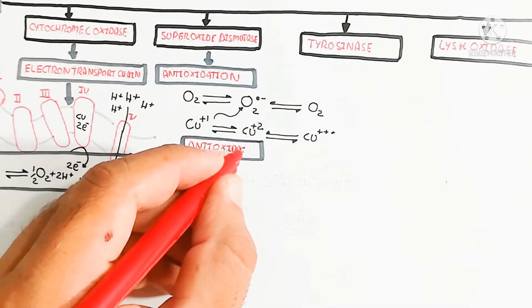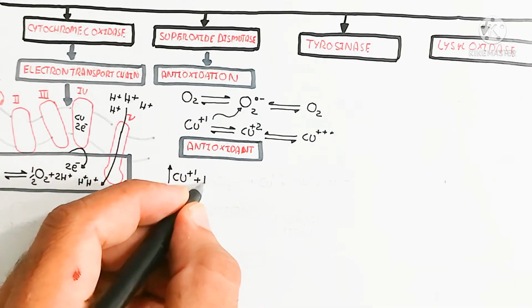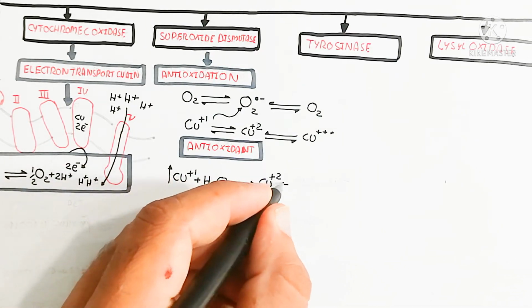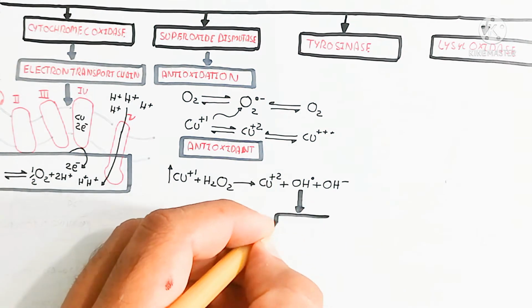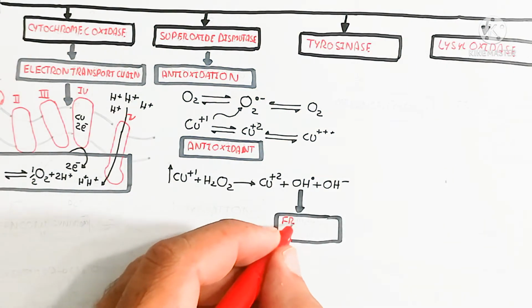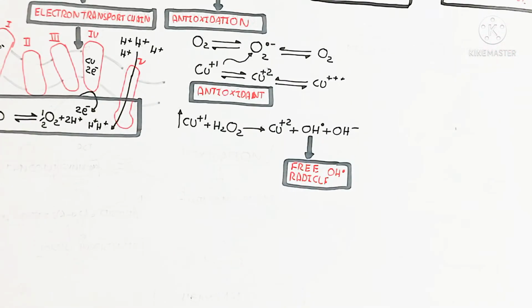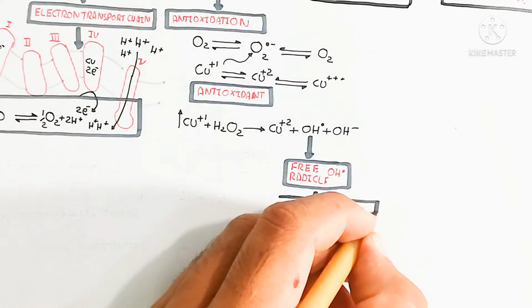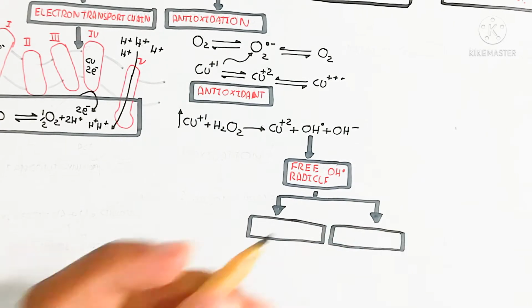So the copper will accept the electron from the oxygen free radical, or donate the electron to convert it again into oxygen, and it converts into copper 2+ if it donates.